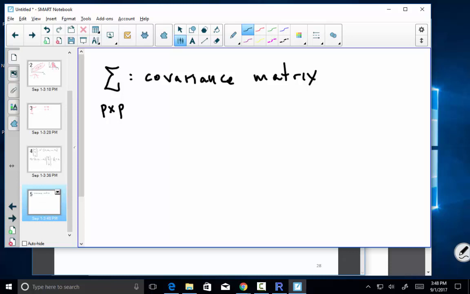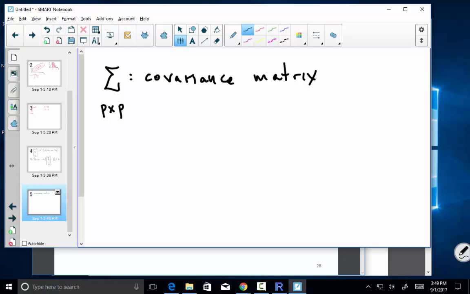So we have P variables. We can characterize the variation and the covariation, the interrelationships between and among all of those P variables, succinctly with what's called a covariance matrix.